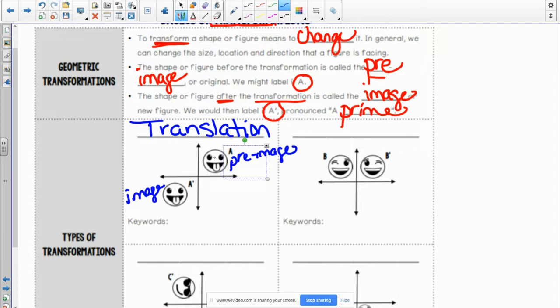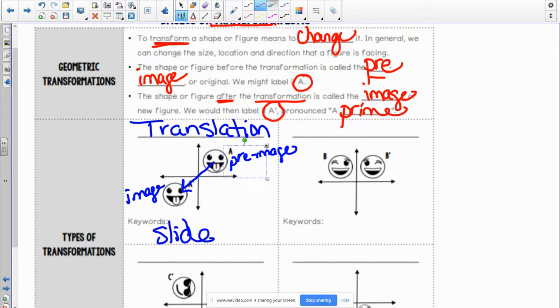So our pre-image was translated down to here. This would be your translation. It just slides. That's a key word that you'll hear me say a lot. It slides down onto this quadrant. It's in quadrant 1, and then it slides down into quadrant 3 here.